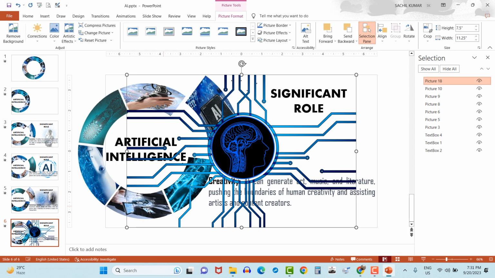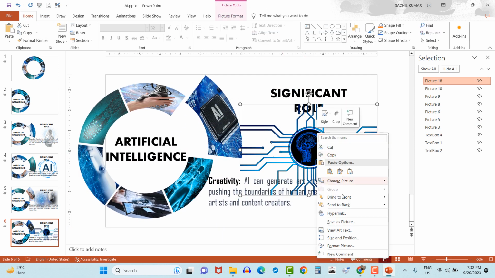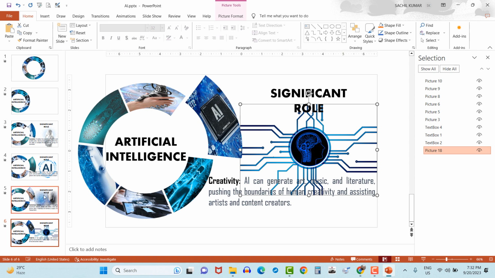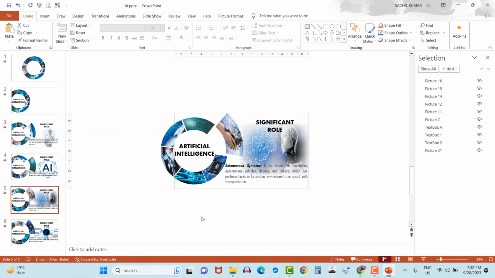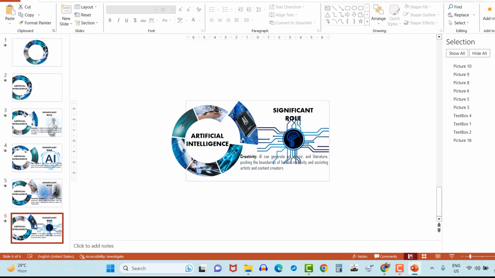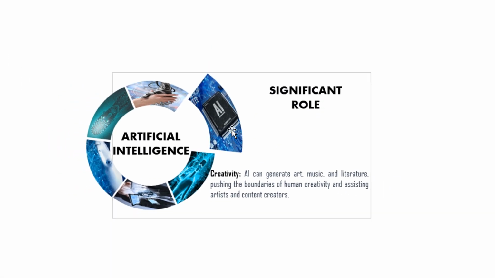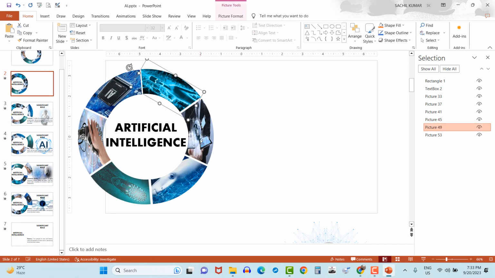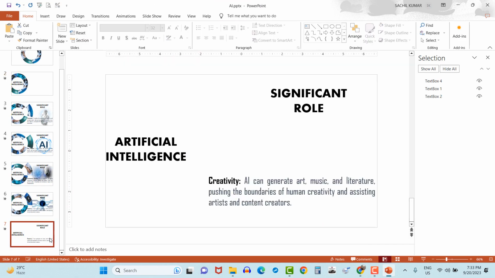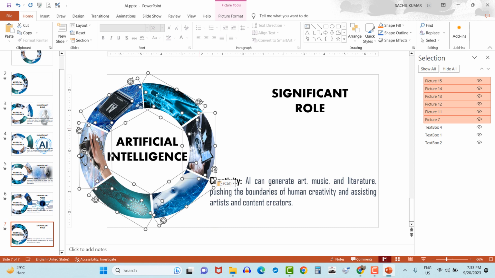Now add new visuals and send it back. Then copy them and paste it in the previous slide and drag it downwards. Let's once again duplicate the slide. Then delete visuals, remove portion picture. Then paste the portion picture from slide number 2. Then group them by right clicking on the mouse.